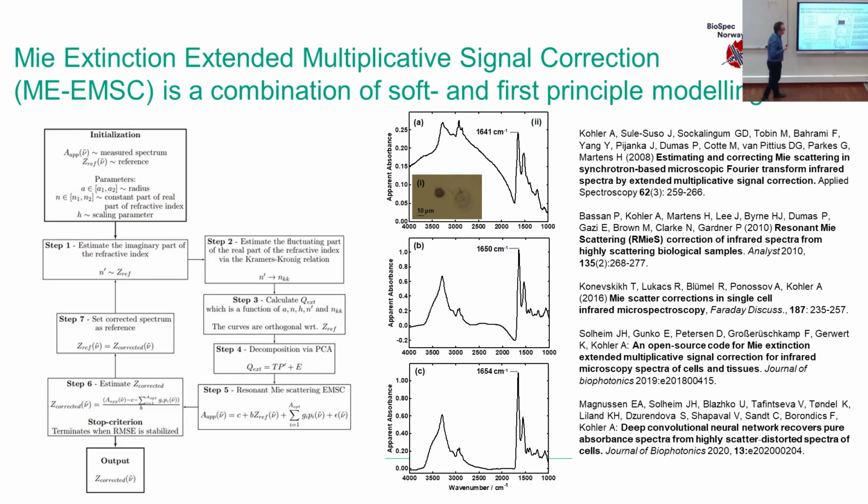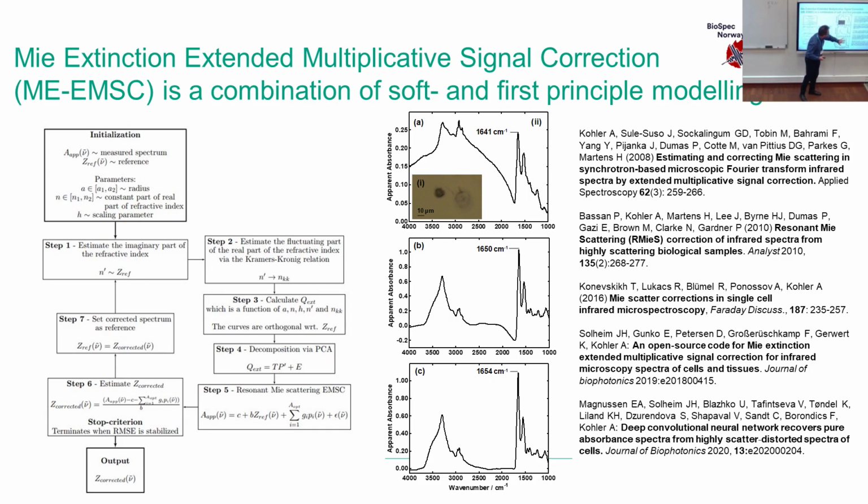We estimate from this how well the scattered model fits with the measured spectrum. We calculate the error, then use the error to update the original guess of the pure absorbance spectrum. Then we start the whole thing once more. So it's an iterative process. It's exactly what is described here, and this works very well.